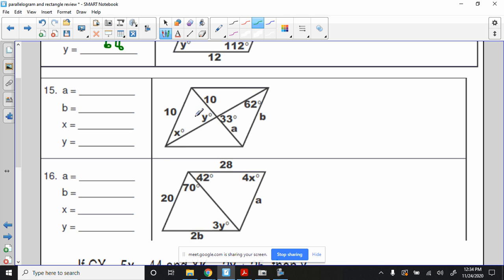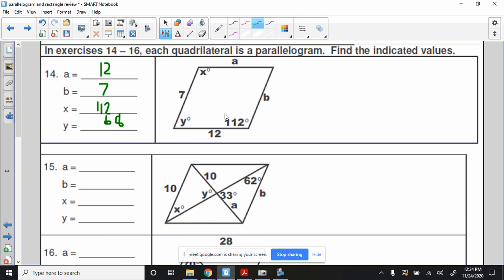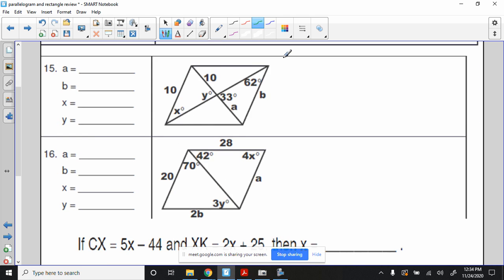So another medium one, same type of concept, but then they add diagonals. So the diagonals, remember, are not equal, but they do get cut in half in the center. So that would make 10A, because that is the other half of the diagonal.